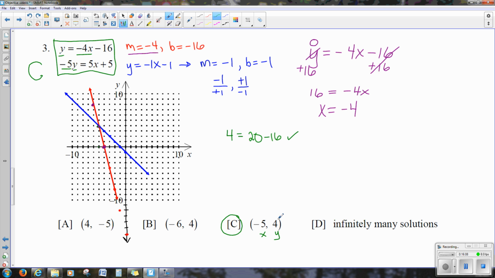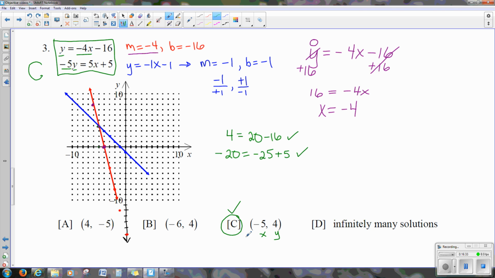So negative 5 times 4 gives me negative 20. And it equals 5 times x. Well, 5 times negative 5 is negative 25 plus 5. 5 minus 25 is negative 20, so it equals negative 20. So that's true.